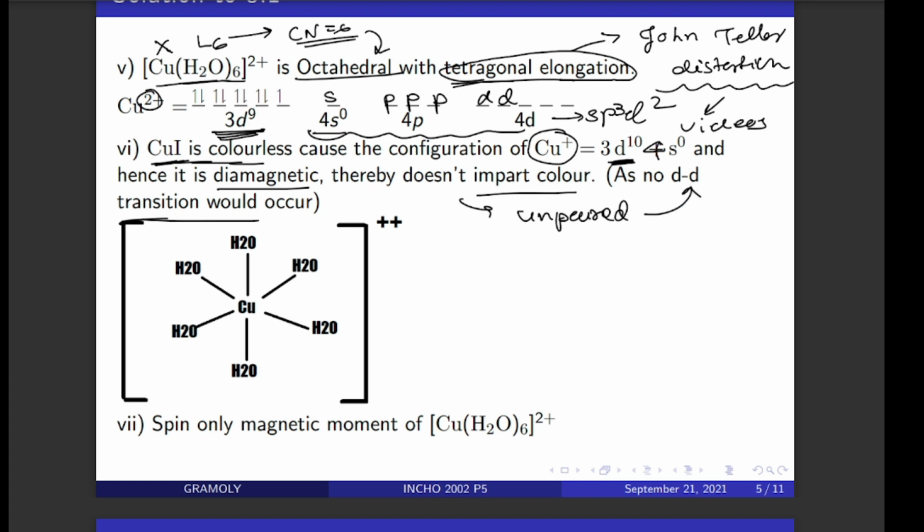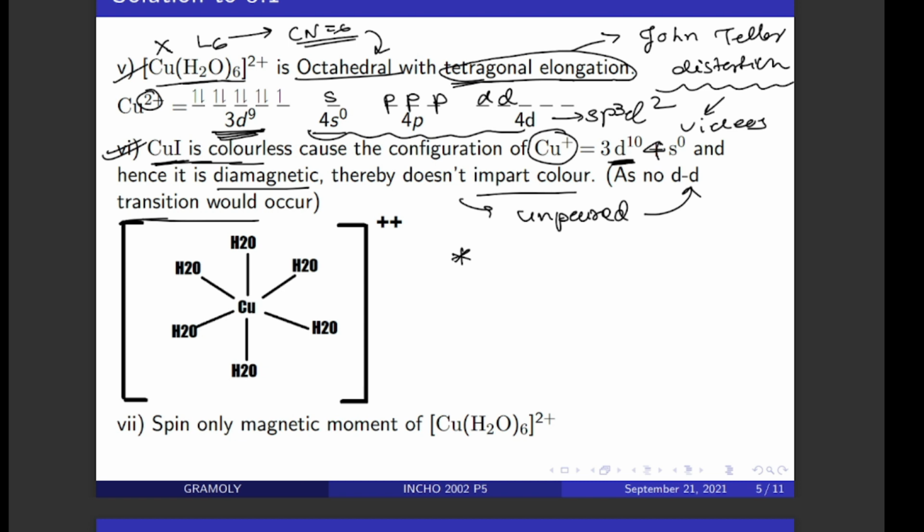I'm not saying that if there aren't any unpaired electrons, color won't be imparted, but there are other concepts as well, like LMCT, charge transfer, and much higher concepts. But at the ground level, if a particular complex doesn't have any unpaired electrons, then it would be colorless, which we can use as a mnemonic of sorts.